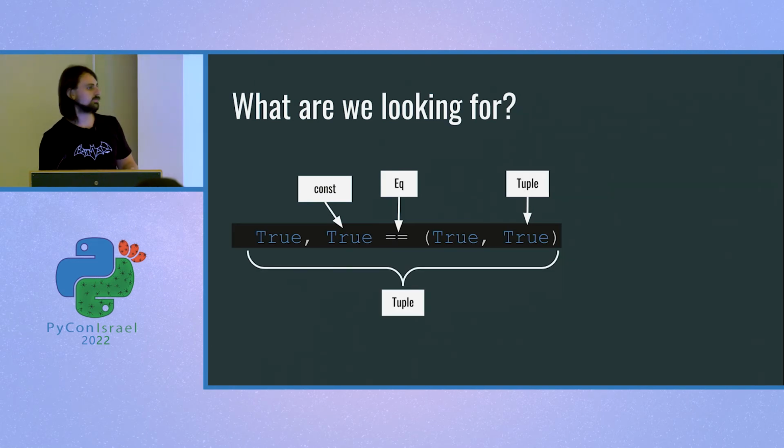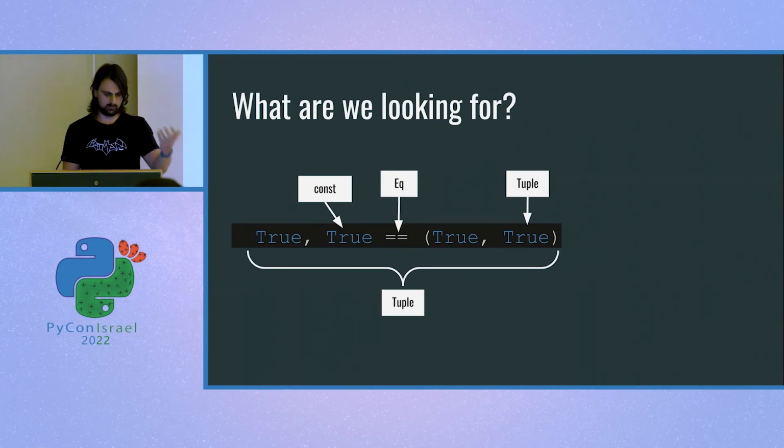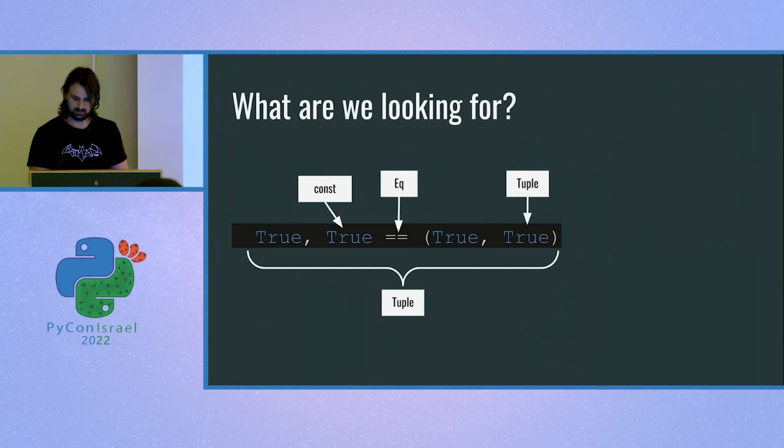In this case, the problematic pattern is we're looking for a const compared with a tuple. And any sane mind would say, you cannot compare a const value to a tuple and expect it not to be false in Python. So that is the pattern we're looking at.